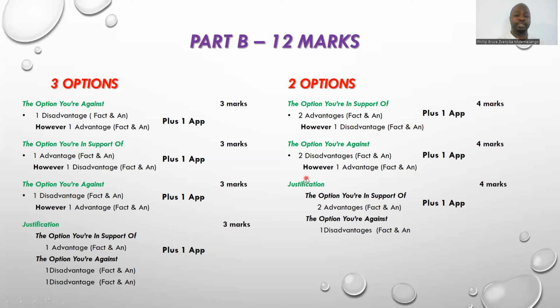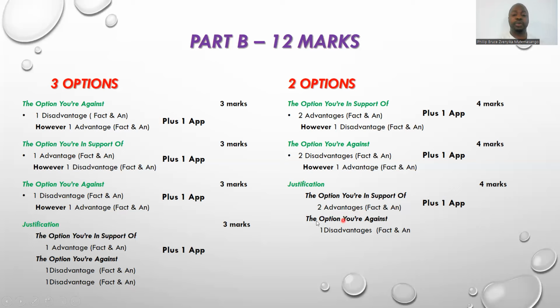And then you are supposed to go on to give a good recommendation or a justification or a conclusion explaining why you are in support of this first option. And of course, in such a case, you may provide 2 advantages for that particular option and 1 application.